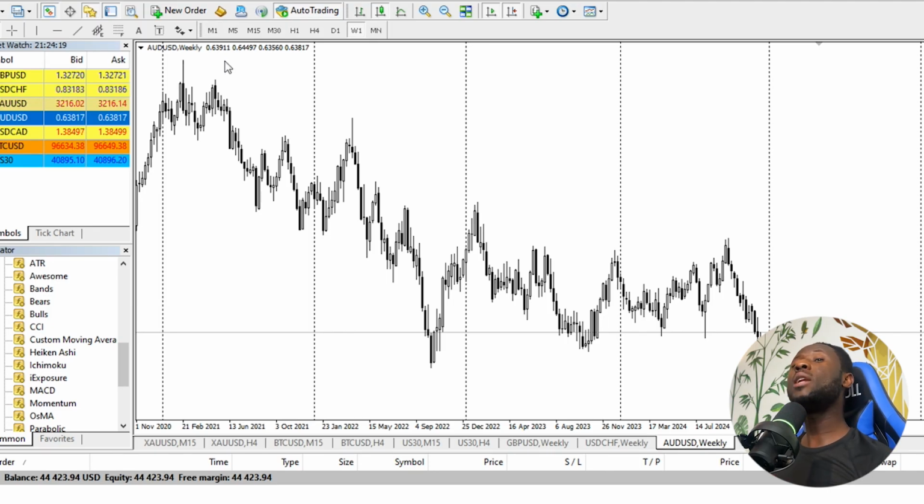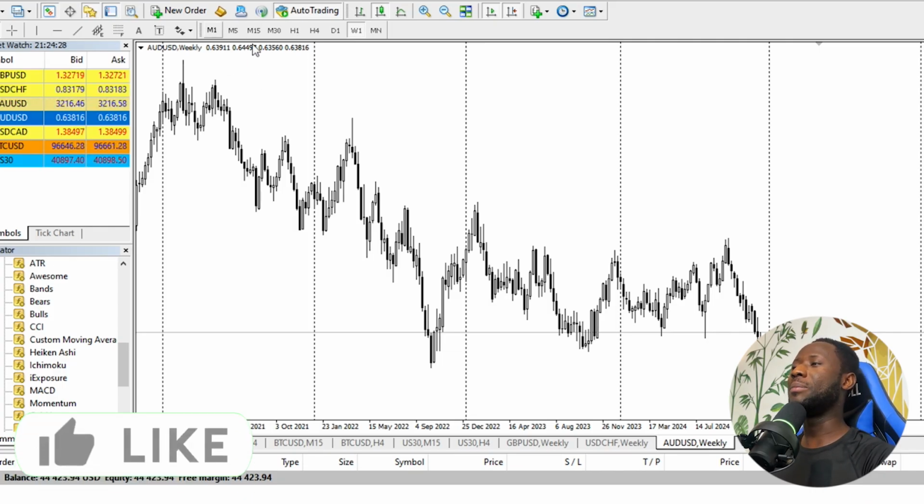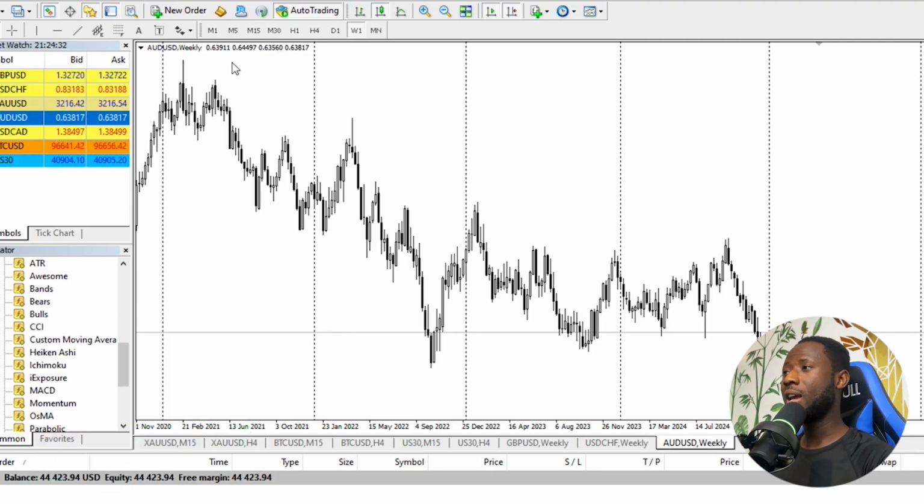For anyone that is doing day trading or scalping, they are, for the most part, playing on these smaller time frames, the M time frames, and most of the time they stretch themselves at max to the H1.